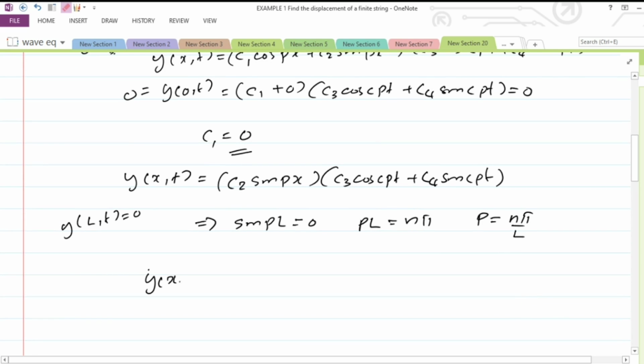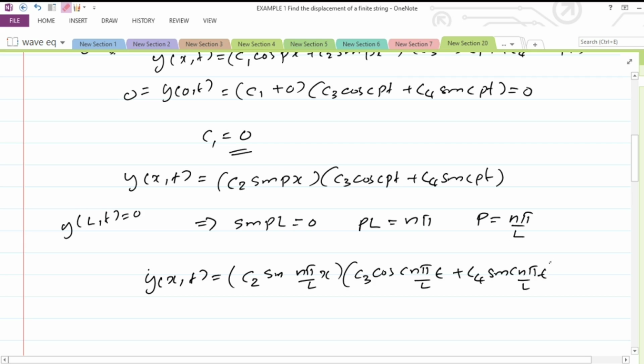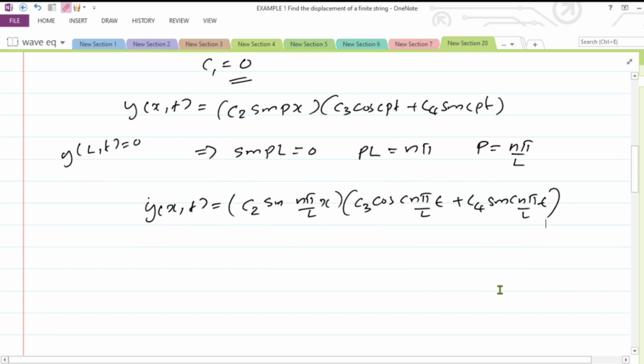So y of x,t equals c2 into sin(n pi x by L) into (c3 cos(c n pi t by L) plus c4 sin(c n pi t by L)). We have this.